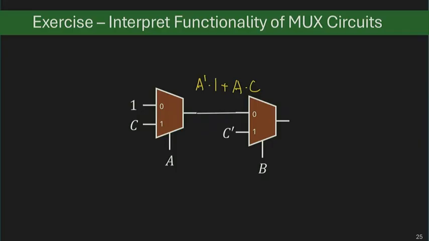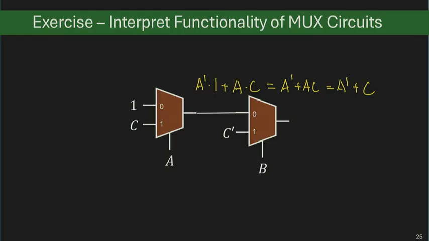You can do that through K-map, as I showed you earlier, or you can do that by just multiplying these two inputs with complemented A or non-complemented A, the selection variable, and then you can write it out as the output Boolean expression. This one essentially is the same as A prime plus AC, which is A prime plus C, a Boolean expression in the middle.